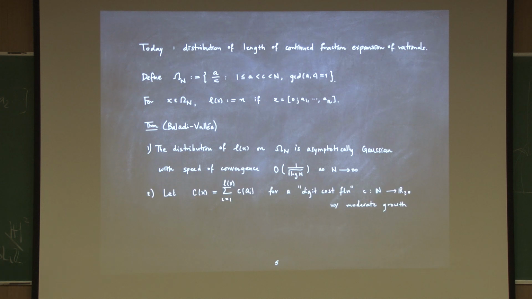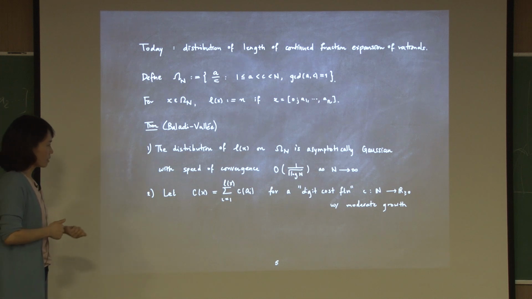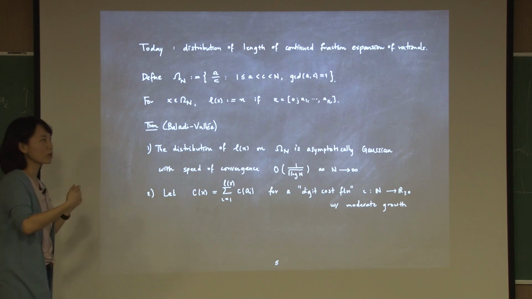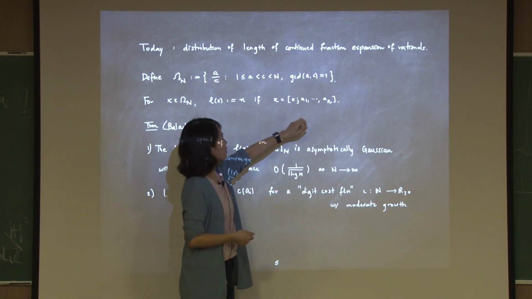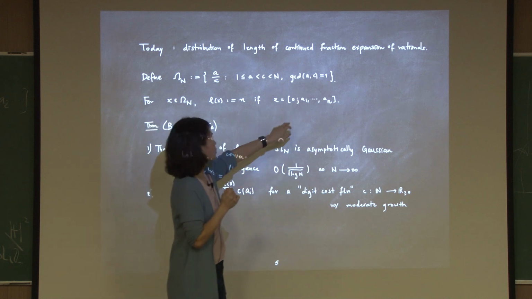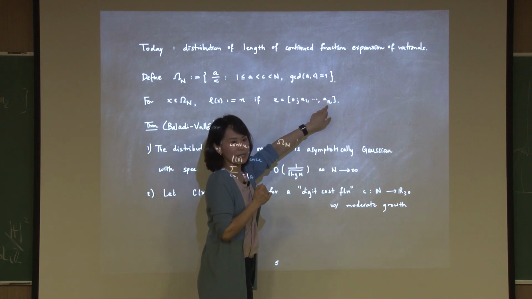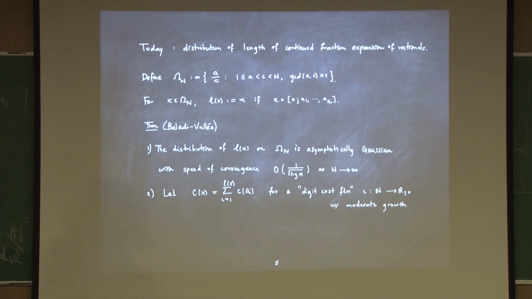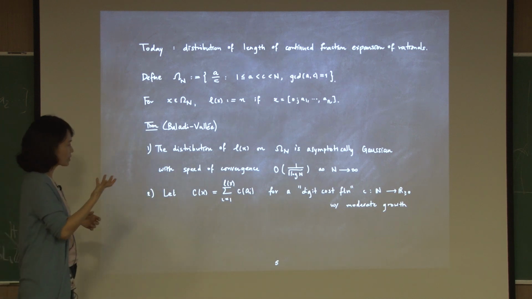And using that, instead of measuring the length of a continued fraction expansion, maybe you can fix a number and see how many of the a_i have that number. So there are many questions we could ask.